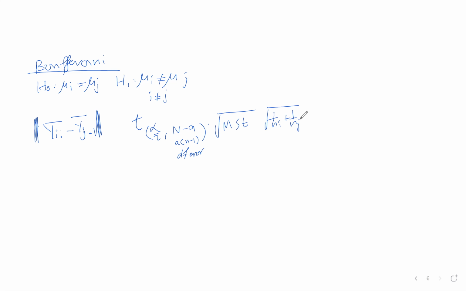If the absolute difference is greater than this, you reject H0. Otherwise, you fail to reject H0 and declare that the two averages are the same.